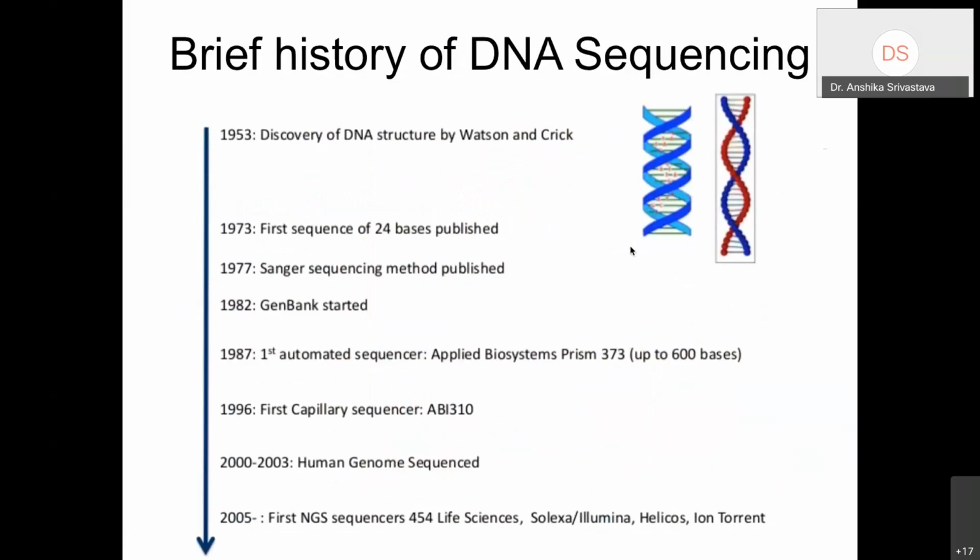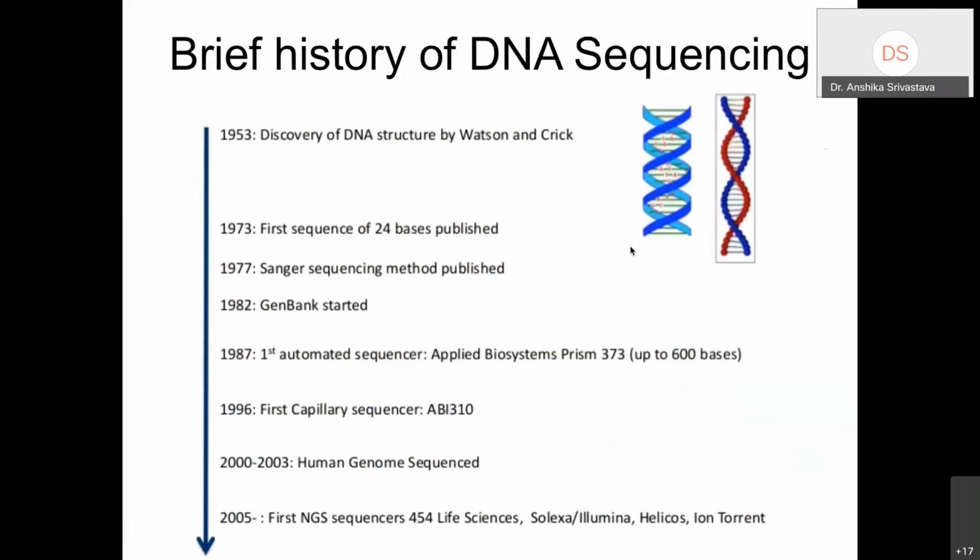So in 1953, the DNA structure was discovered by Watson and Crick. The first sequence of 24 bases was published in 1973, followed by the Sanger sequencing method in 1977, and GenBank started in 1982. In 1987, we have the first automated sequencer, from Applied Biosystems, the Prism 373.